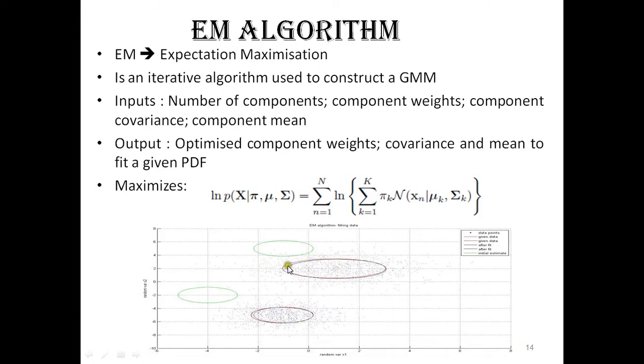It does the same for this data set as well. The green curves here show the initial Gaussian mixture model, which is far away from the dataset, and as the algorithm proceeds, we see that it coincides with the dataset, providing a fairly accurate estimate.